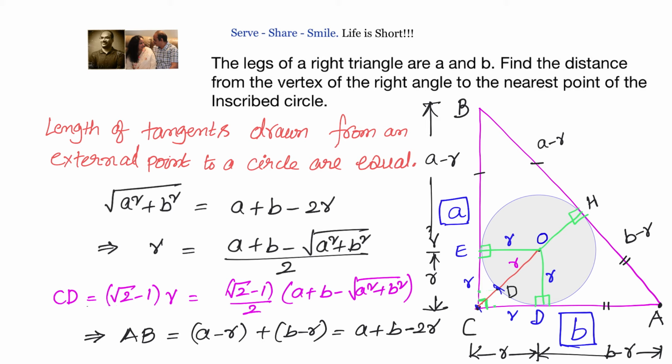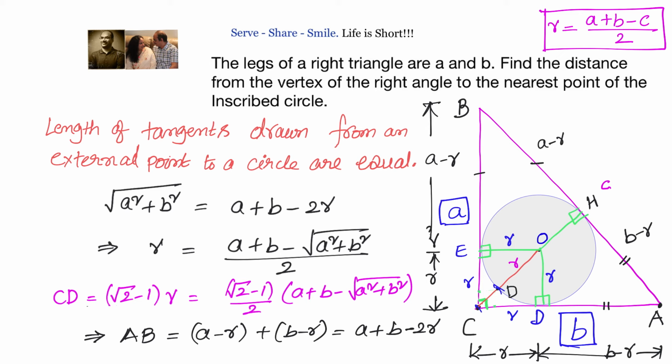If AB equals small c, then you can write that the inradius is A plus B minus c divided by 2. That is the formula we can use if C is the hypotenuse of the right triangle and A and B are the sides: R equals A plus B minus C by 2.